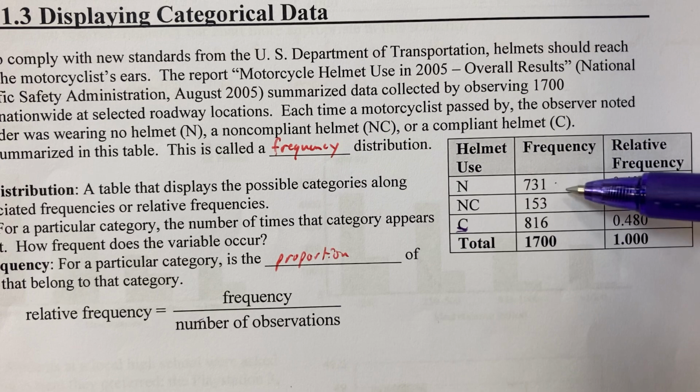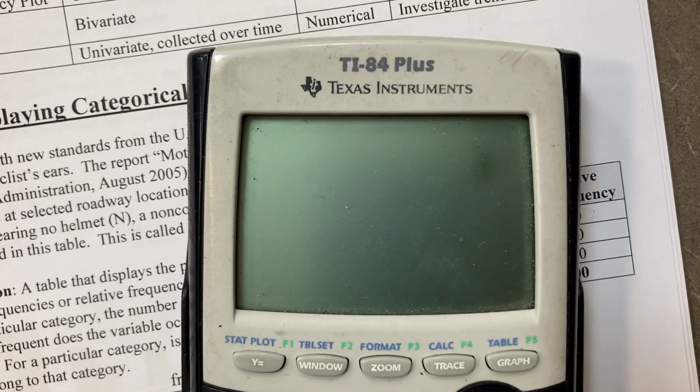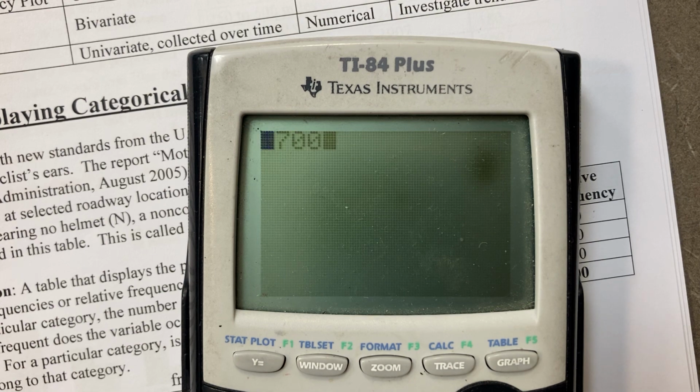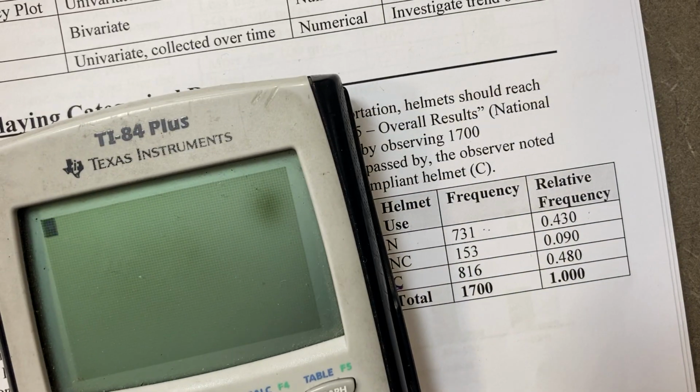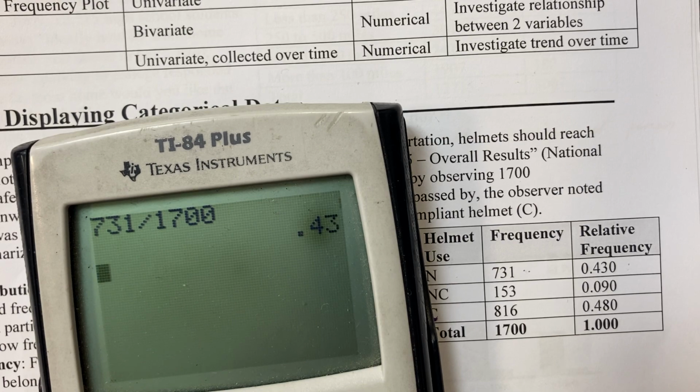731 no helmet people accounts for 43%. I should probably double check my math, but if I do 731 divided by 1,700, I should get 43%.